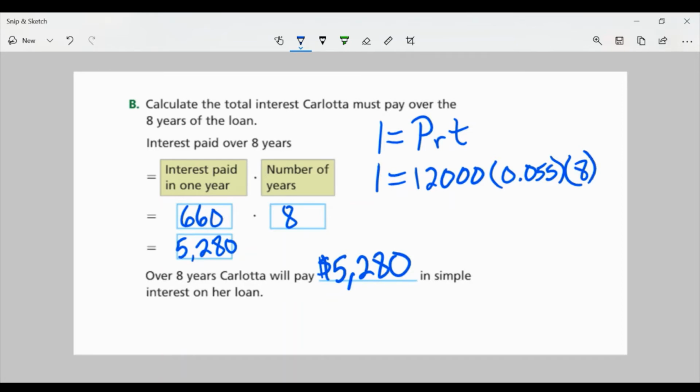And when we multiply all of this out, we would get $5,280. So I just wanted you to be able to see that with the actual formula, you plug in these numbers and you will calculate it to the same answer that we just did, the shorthand version of.